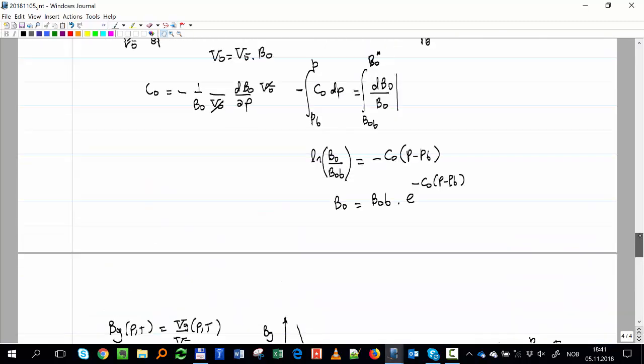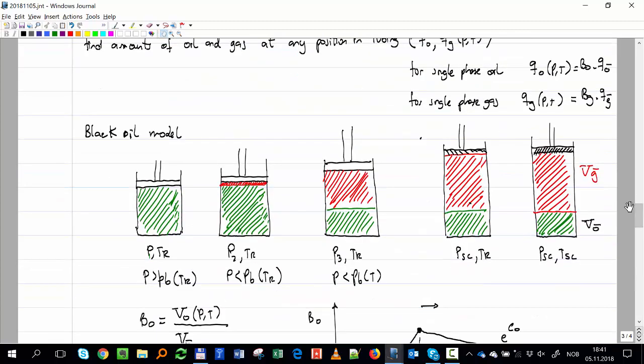If we take this point here of pressure and temperature, and we see what the surface gas is made of, it's made up of two things: the gas that will vaporize from the oil, and the gas that will just simply expand.